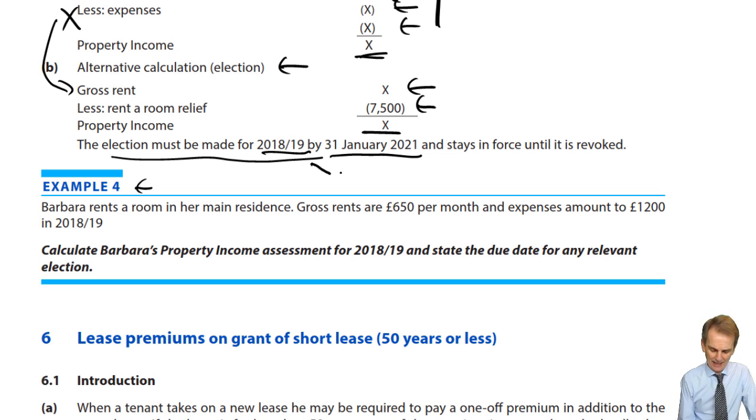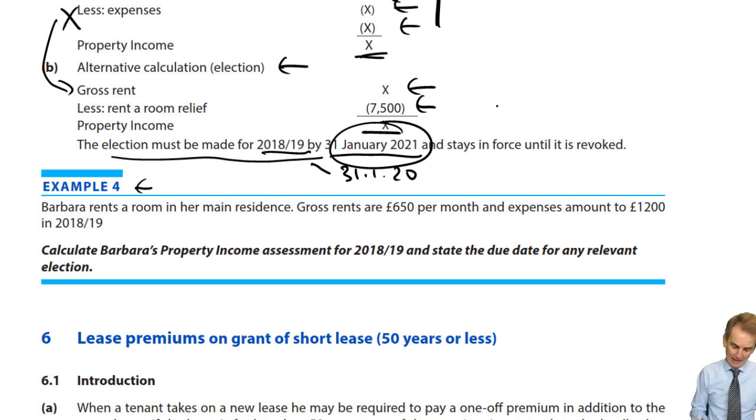So for 2018-19, you've got to submit your tax return and pay your tax by the 31st of January 2020. So what they're basically saying here is you've got another year after that to make up your mind whether or not you want to revoke that normal rule and adopt the rent-a-room relief.